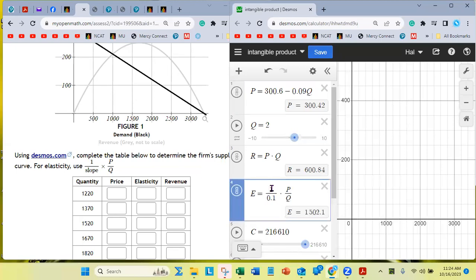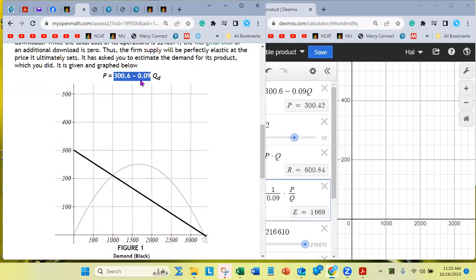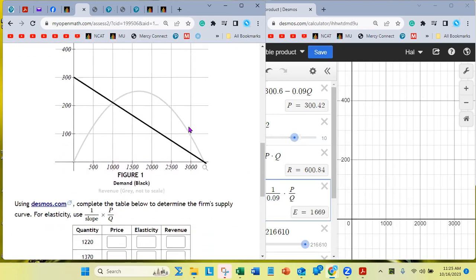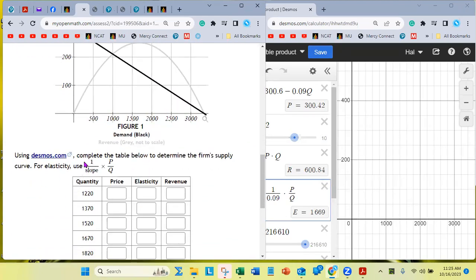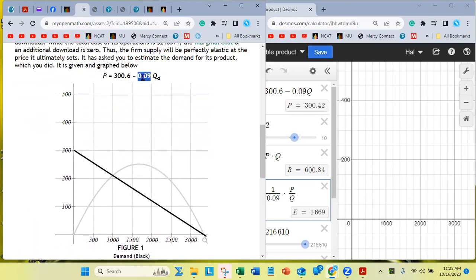This right here is 1 over the slope. So I got to change this value here because I'm using this equation here, right? Demand is linear, so this 0.09 is the change in price over the change in quantity. And in elasticity, you want this to be the change in quantity over the change in price. So we have to invert the slope, right?